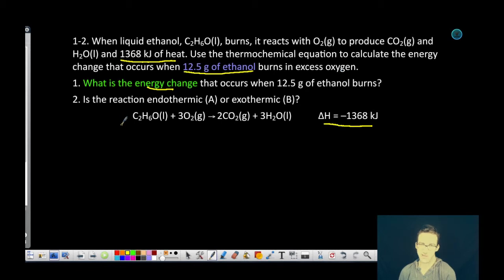All right, well, as we take a look at this thermochemical equation, this enthalpy change is the amount of heat that is released in kilojoules for every 1 mole of ethanol that is burned. And so we are not given 1 mole of ethanol, we're given 12.5 grams of ethanol.